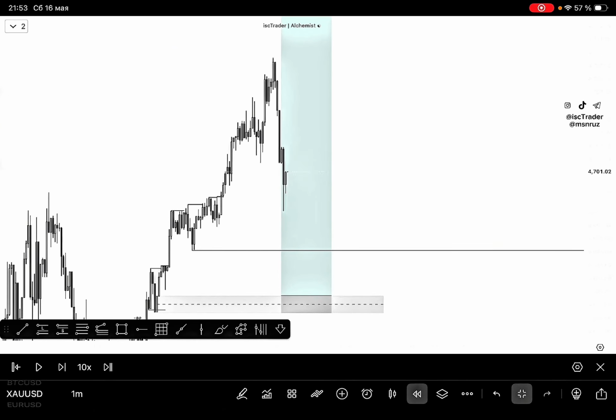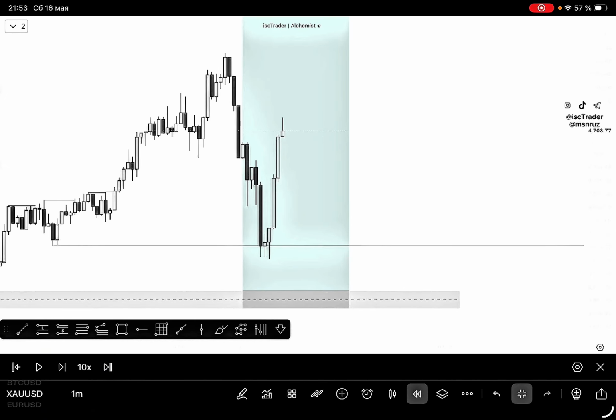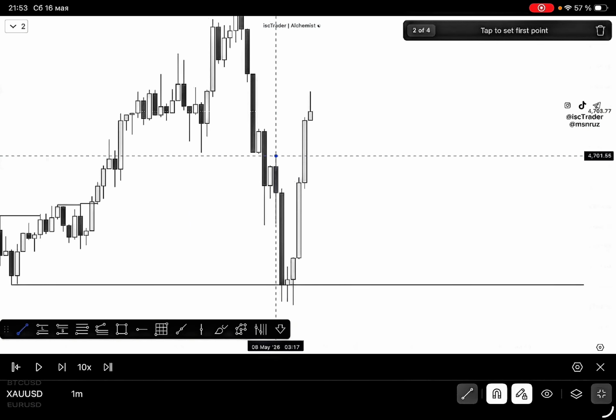For the last time. Again, it didn't reach our zone. Another breakout happened here.